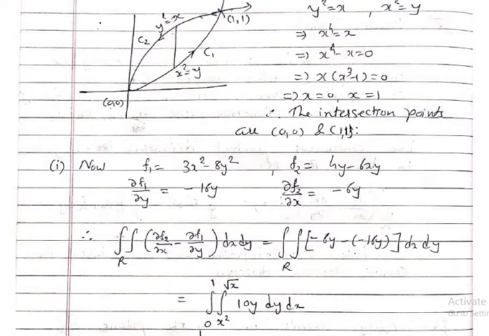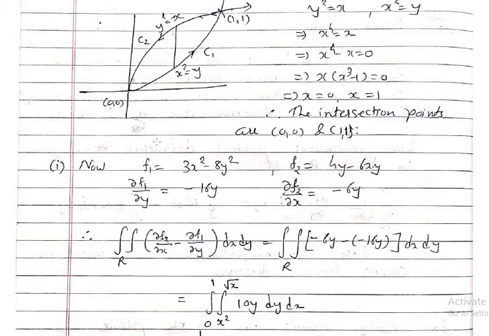And therefore your double integration of del f2 by del x minus del f1 by del y dx dy is equal to, now del f2 by del x is minus 6y minus del f1 by del y is minus 16y, dx dy. So basically simplifying this one, we have 10y dx dy.